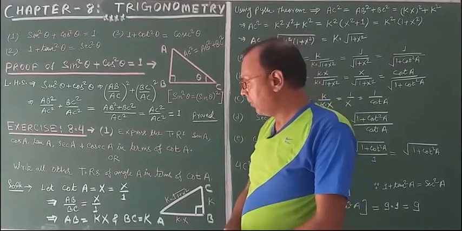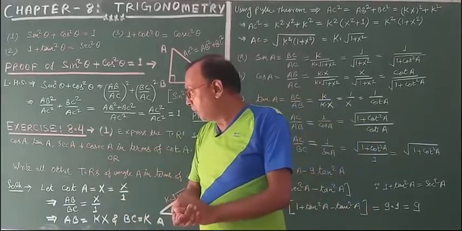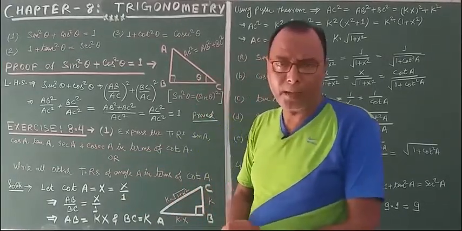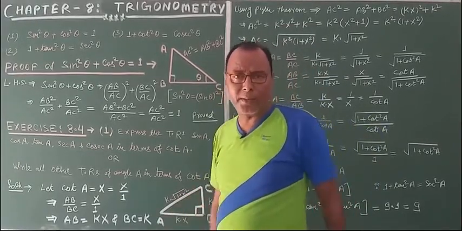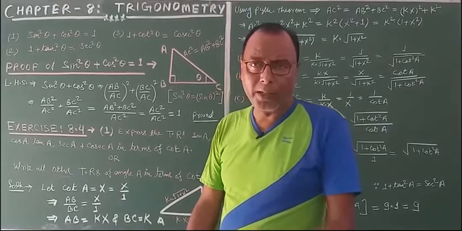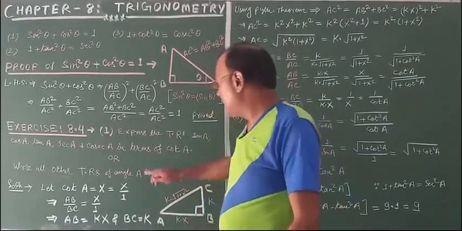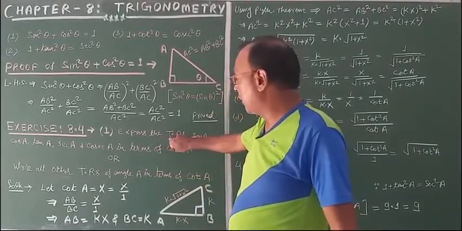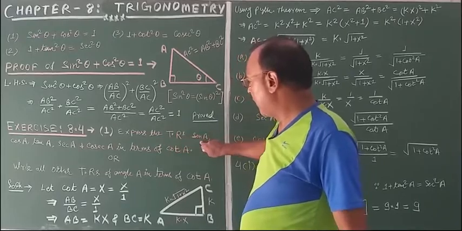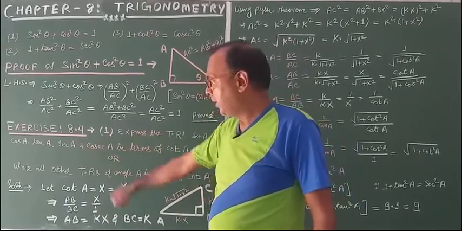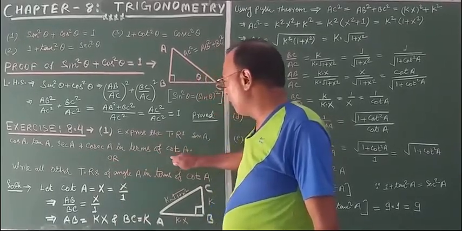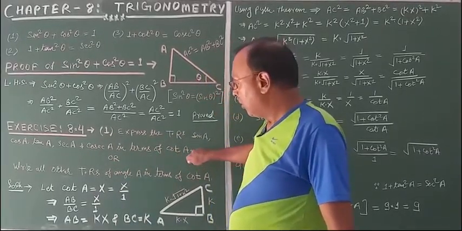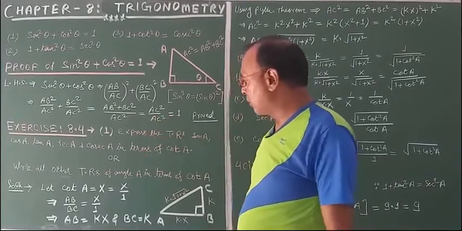Now, this is exercise 8.4, question number 1. This is the question same as question number 2. What is this question? Express the trigonometric ratios sin A, cos A, tan A, sec A and cosec A in terms of cot A. Or what could be the other language of this question?